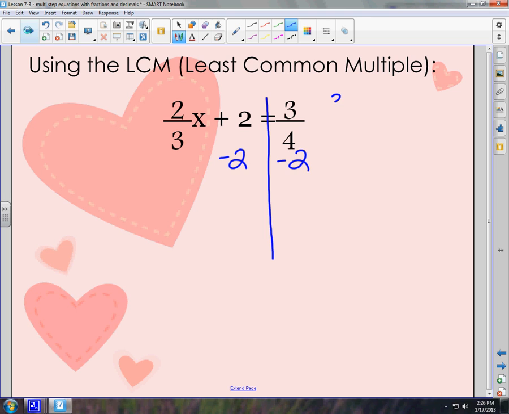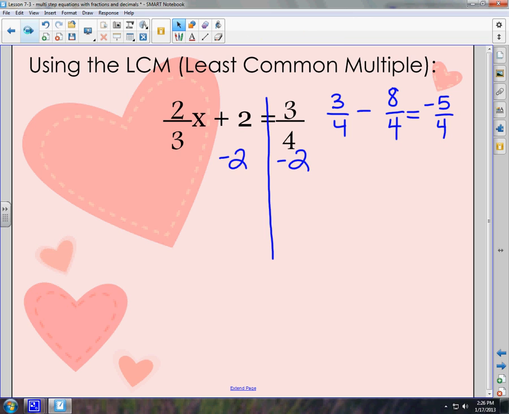So this is 3/4, and I'm going to change 2 to a fraction. So I'm going to put 4 in my denominator because I want to have a common denominator. And then I have to think, what would I put on top to make it equal 2? That would be 8, because 4 times 2 is 8, so 8 divided by 4 is 2. So I'm going to do 3/4 minus 8/4, which equals negative 5/4.